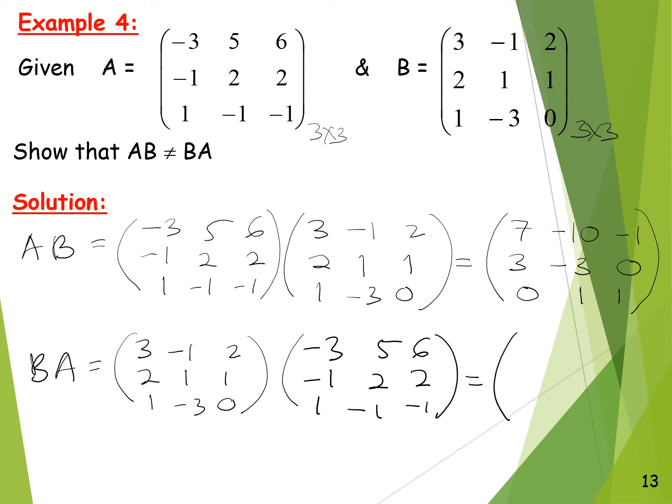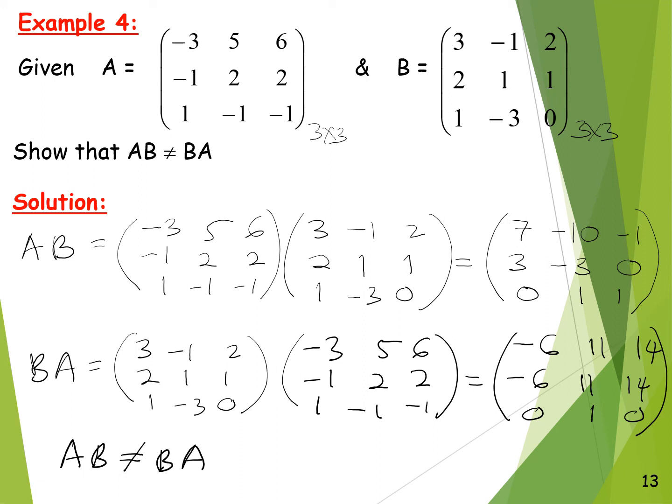And then we will get negative 6, 11, 14, negative 6, 11, 14, 0, 1, 0. So we can see that AB is not equal to BA. So we must put the word shown.